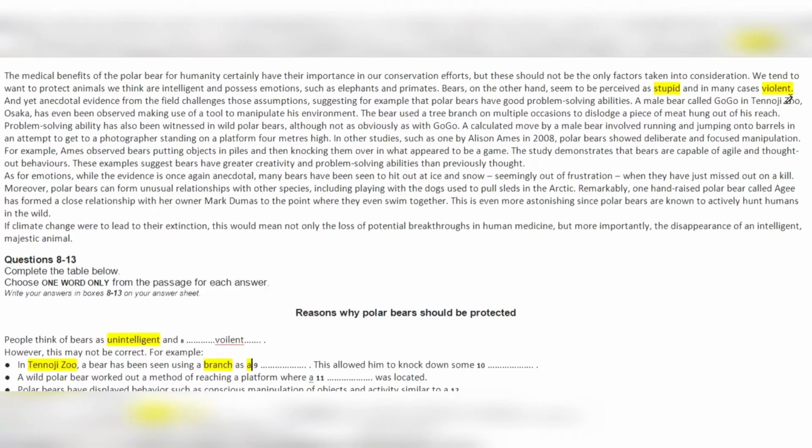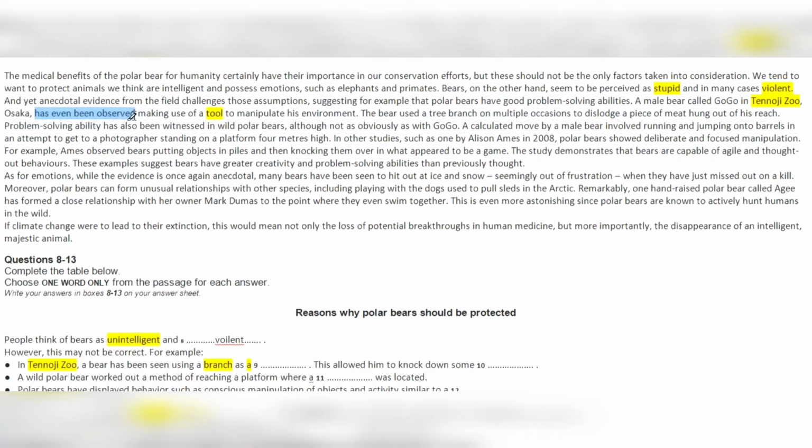So we find the words Tennoji Zoo. A male bear called Gogo in Tennoji Zoo, Osaka has even been observed making use of a tool. Let's see it again.